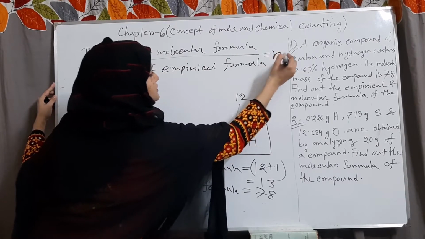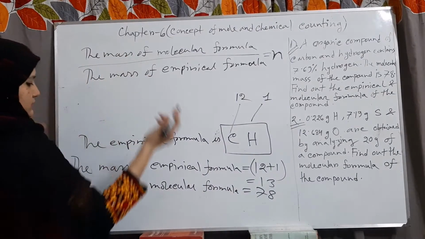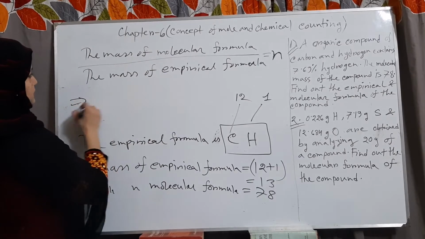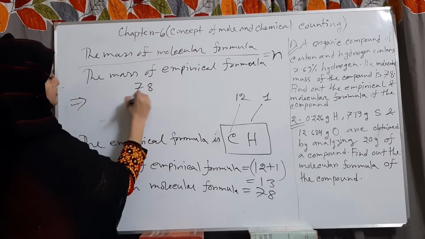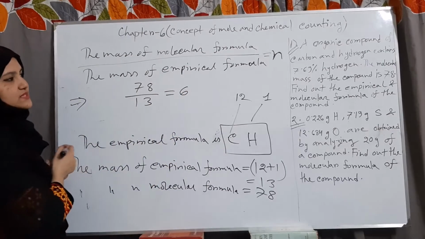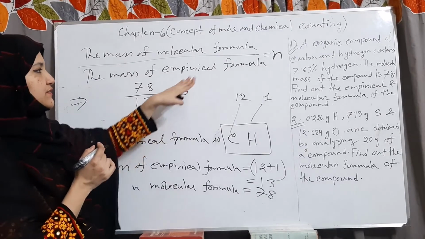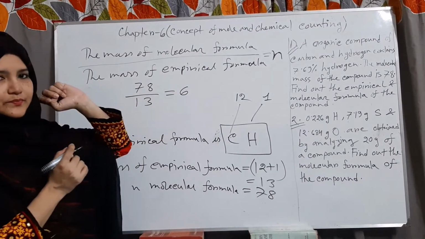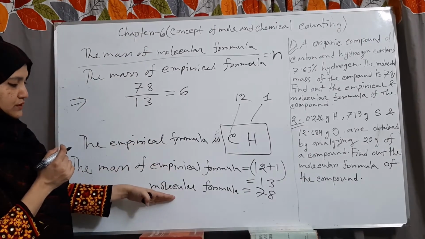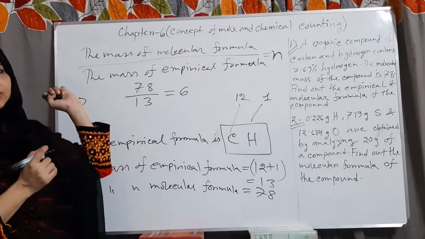Then, students, putting in the values, we get 78 by 13, which is 6. That means the value of n is 6. That means the molecular formula is 6 times greater than the empirical formula.